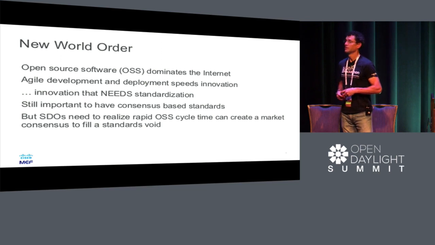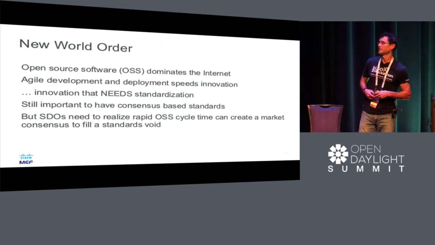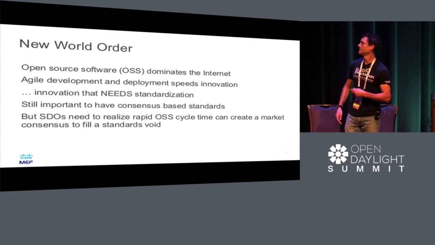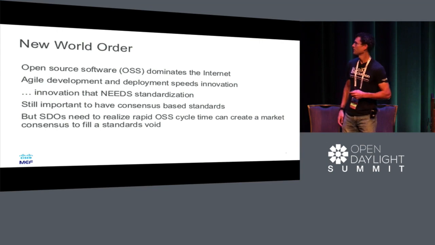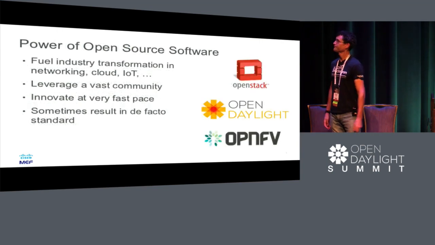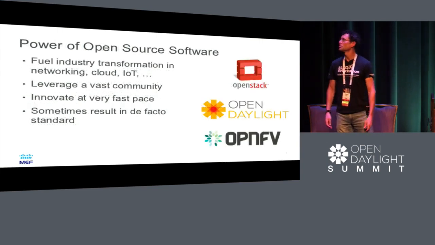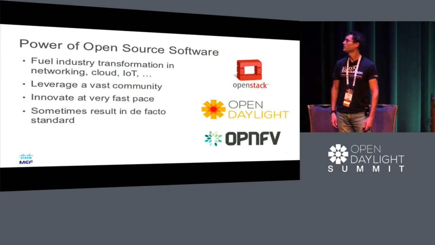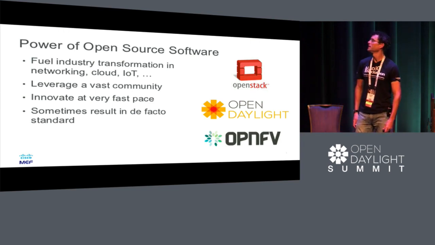It's still important to have these consensus-based standards, but what's changing is we can't afford to wait for them as long as we had in the past. And that's something that open source is really bringing to the forefront. So when you look at open source, I have logos for a few there that I'm sure you're all familiar with. I already mentioned it's fueling this industry transformation.